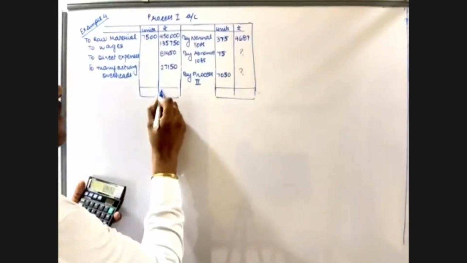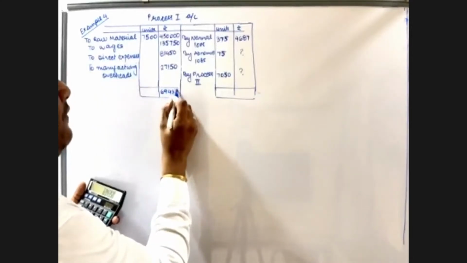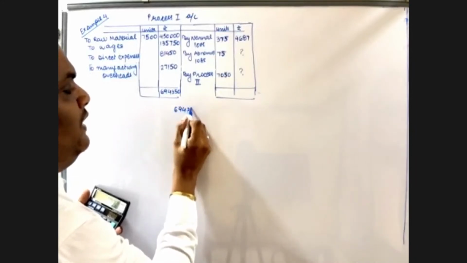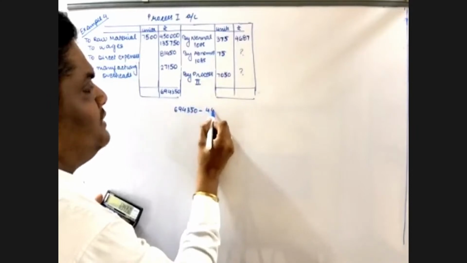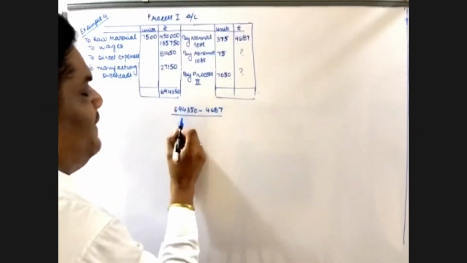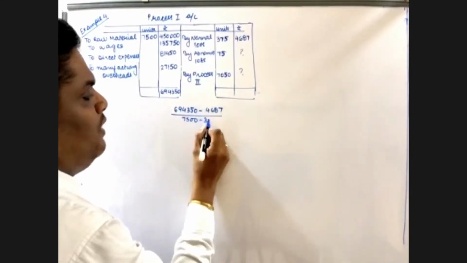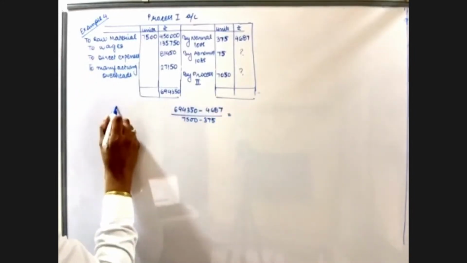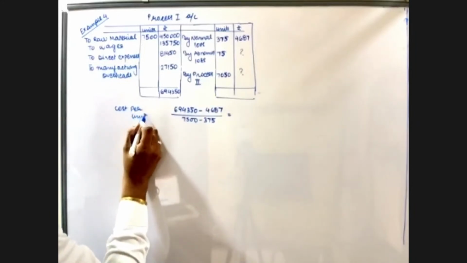That is 694,350. 694,350 minus scrap value realized on sale of normal loss 4,687, whole divided by my input, that is 7,500 minus normal loss, that is 375. So this is how we will calculate the cost per unit.